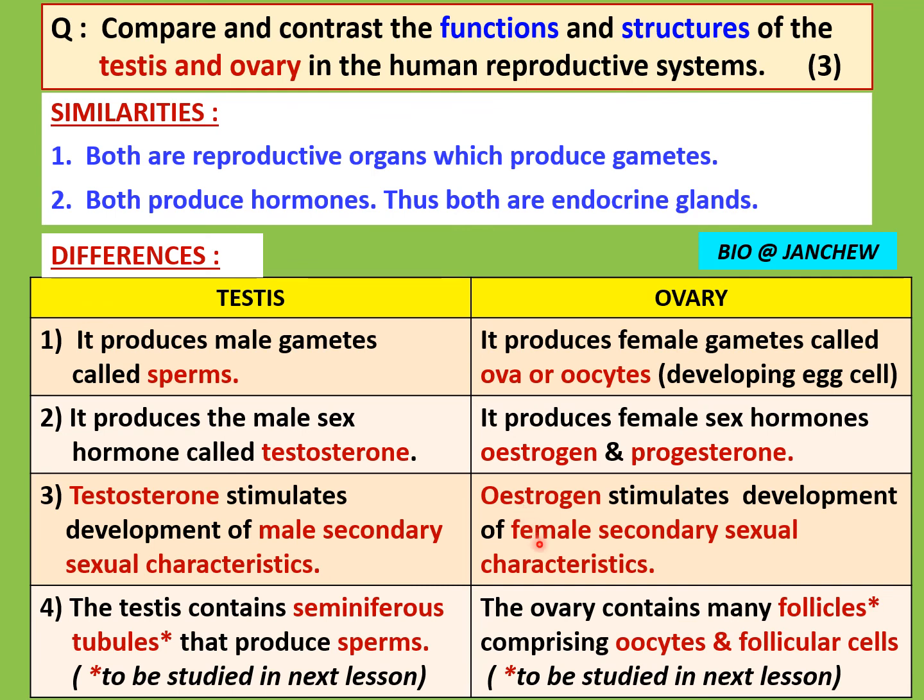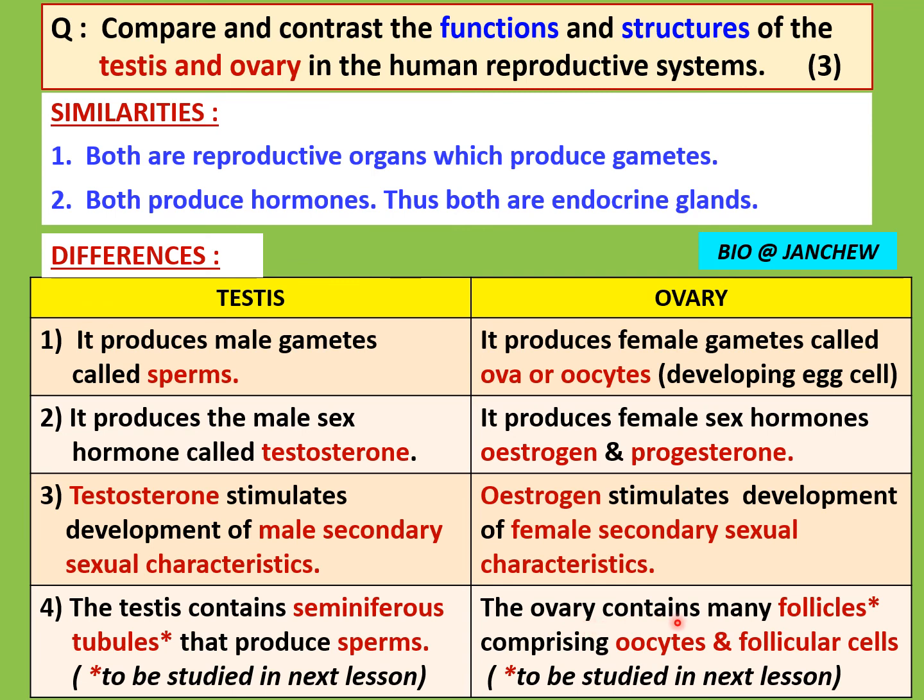Estrogen stimulates development of the female secondary sexual characteristics, such as the start of the menstrual cycle and also the widening of the hips. Number 4, the testis contains seminiferous tubules that produce sperms. So the structure of the testis is that it is made up of many coiled seminiferous tubules inside it that produce the sperms.